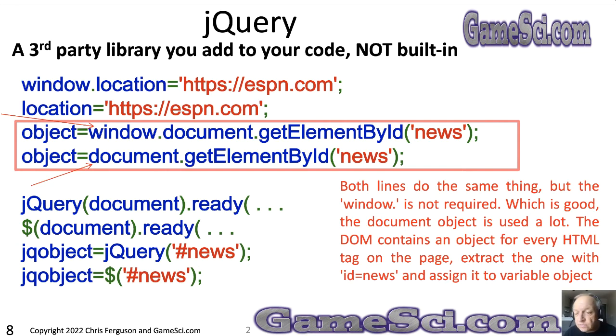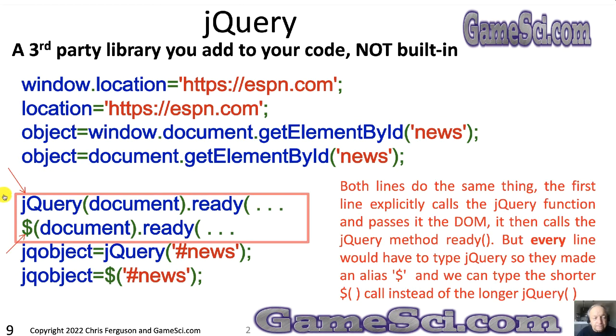The document object is used a lot. The DOM contains an object for every HTML tag on the page. Extract the one with the ID equal news and assign it to the variable object. It's just a convenience. JavaScript allows you to type in a shorter command so you don't have to type in window dot in front of everything.